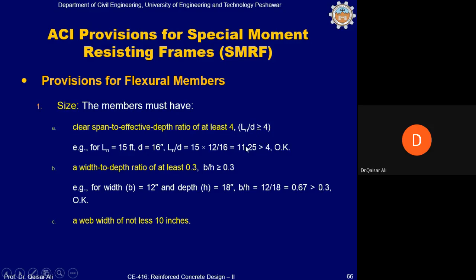That condition shall be avoided, because if the beam is very short span and the ratio of length to depth is less than 4, then such beams will fail primarily due to shear stresses instead of flexural stresses.